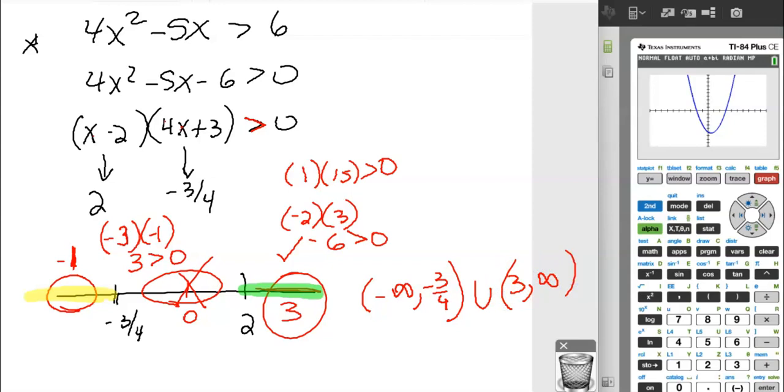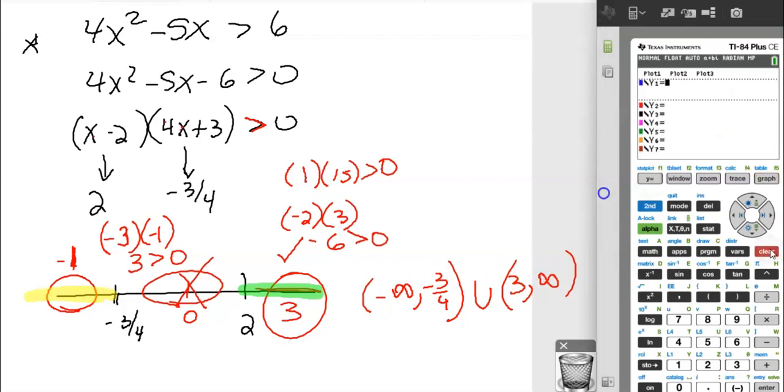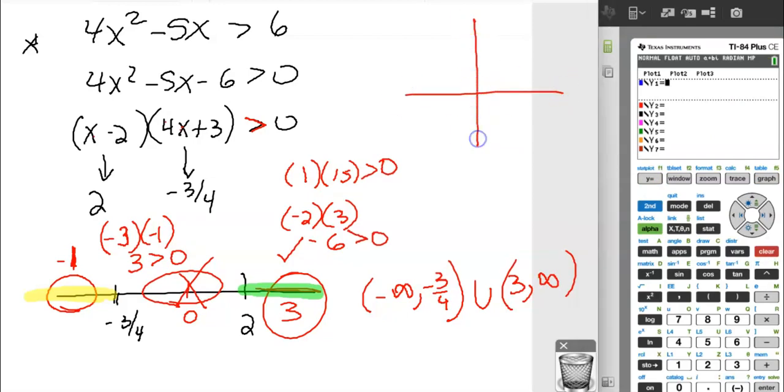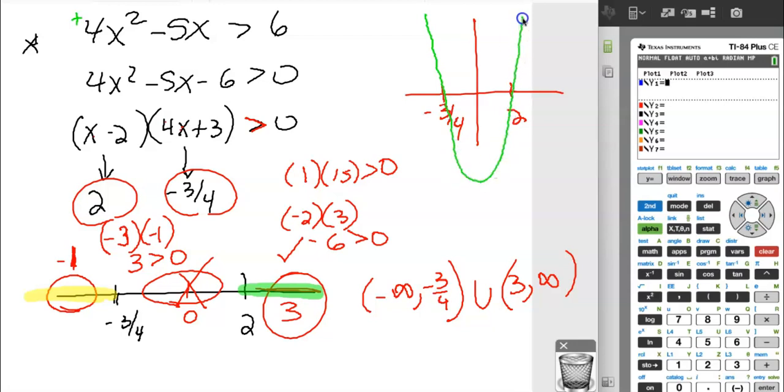All right, so the other way to do it again is if you take your calculator and graph this. Again, you don't need a calculator, but because we already factored it, we know that at 2, and we know at negative 3/4, and we know it's positive. So we know the parabola is going to go like that. And we simply want to know when it will be above 0.